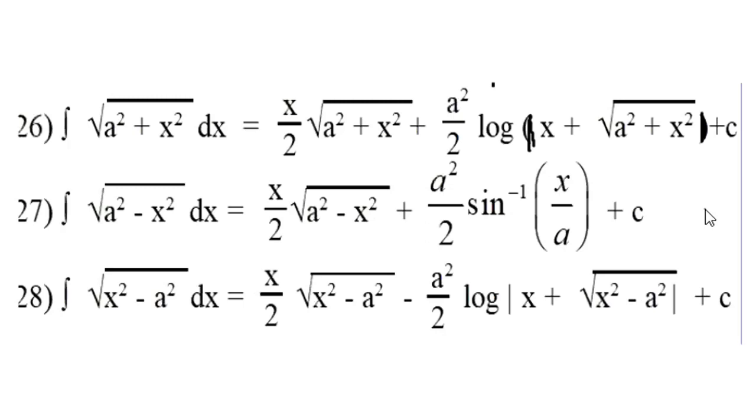Next is integral of under root a square minus x square dx is equal to x by 2 into under root of a square minus x square plus a square by 2 into sin inverse of x by a plus c. Next is 28: integral of under root of x square minus a square dx is equal to x by 2 into under root of x square minus a square minus a square by 2 into log of mod of x plus under root of x square minus a square plus c.